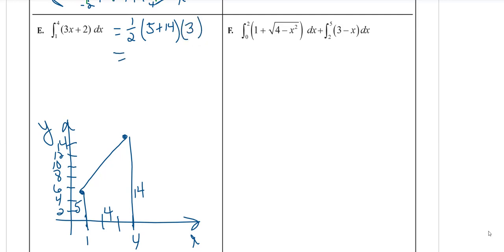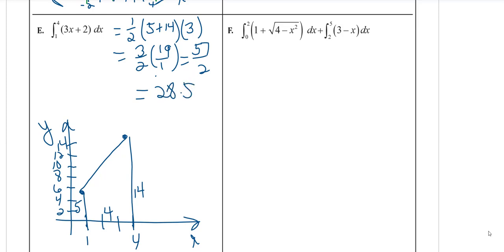So that's going to be 3/2 times 19. So that's going to be 57 over 2, which is also the same as 28.5. You could leave either answer, it's fine.